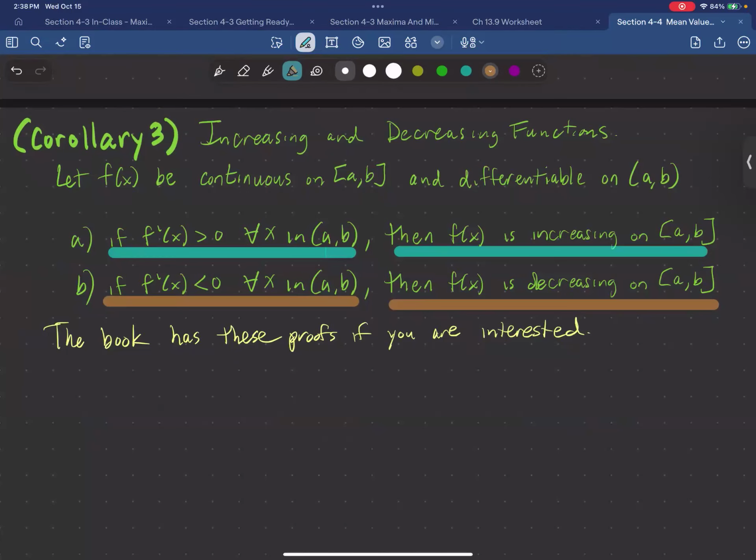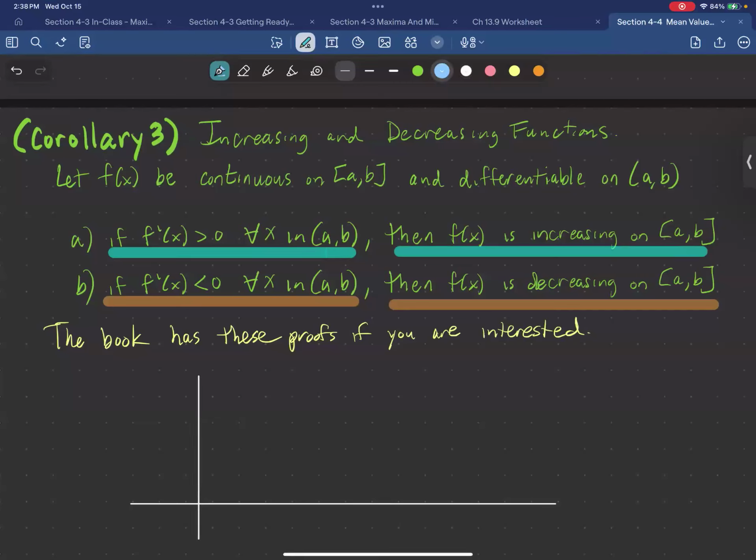Here is a visual simulation of this. Everywhere we look, the slope is increasing here.